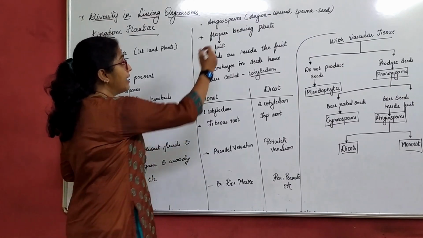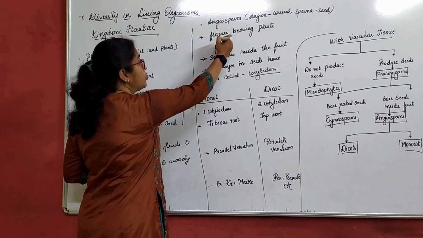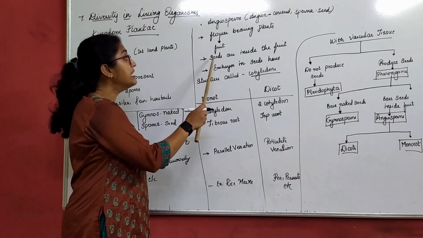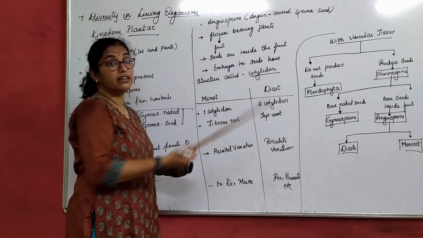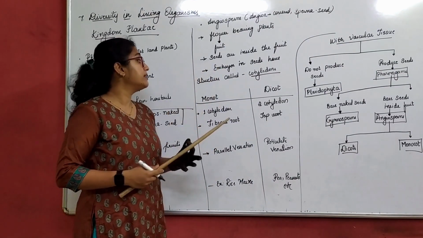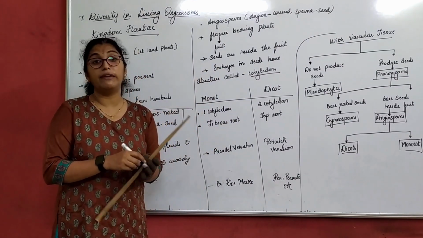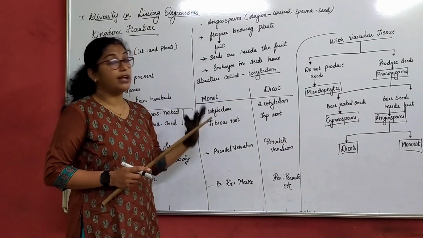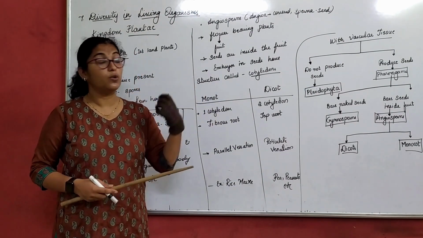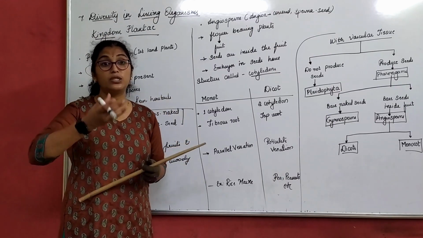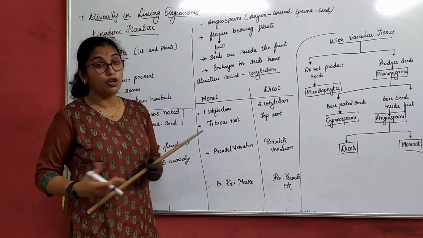And these flowers will further grow or mature into a fruit, right? So seeds are there inside the fruit. Now about seeds, the embryo in the seed will have a structure called a cotyledon. We discussed this yesterday. Cotyledon is nothing but whether it has one cotyledon or two cotyledons.